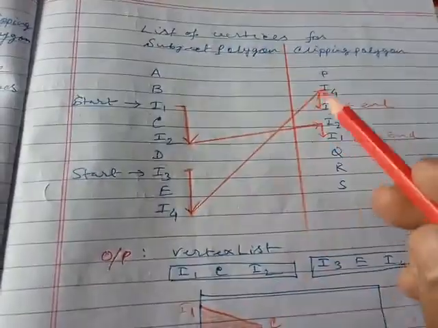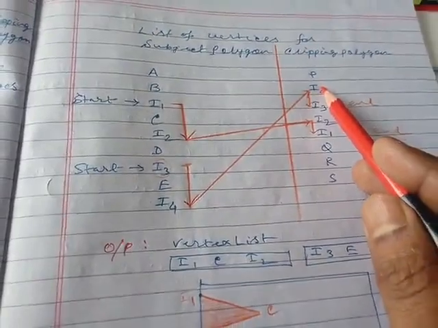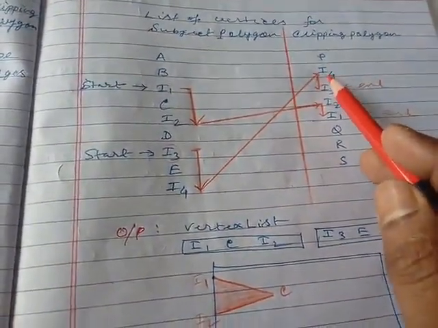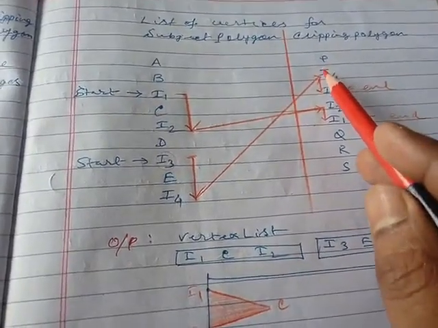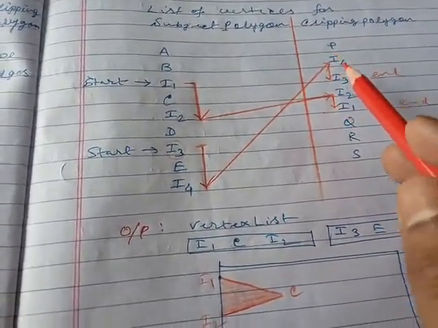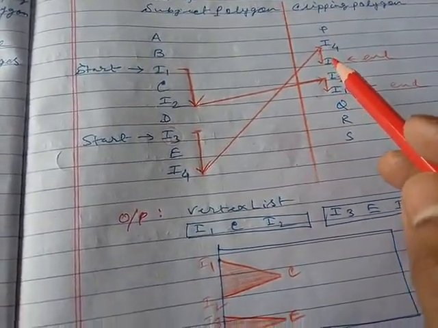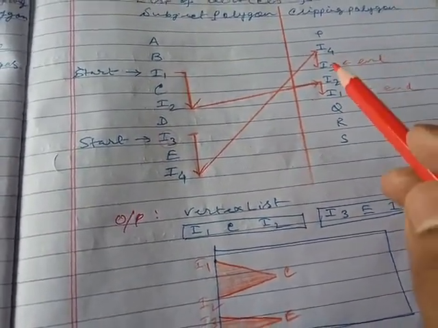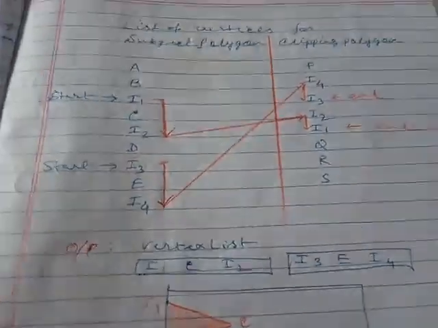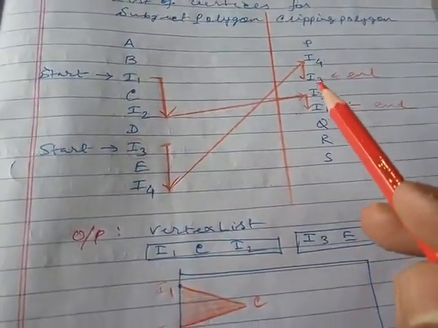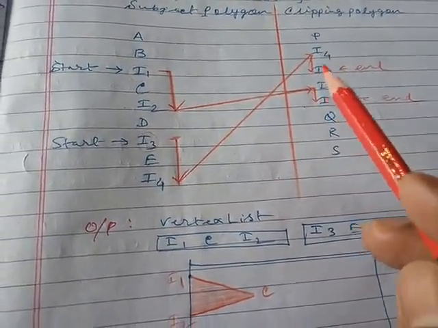So from I4, in the subject polygon, we will move to the clipping polygon vertex list to find where I4 is located, and from there, we scan forward in the clockwise direction and keep on storing the vertices until we get the previous intersecting point.